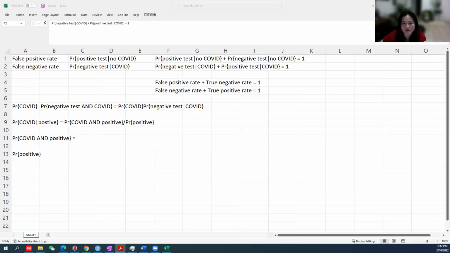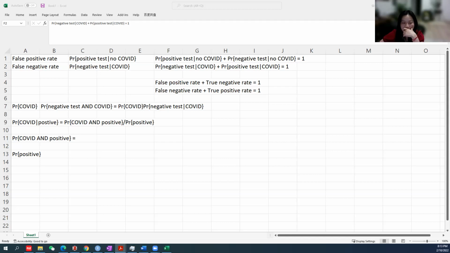Yeah, I think Katie was focused on the negative result. Oh, I see. What's easier or more important to understand is conditional probability. Both are important. Okay, I see.